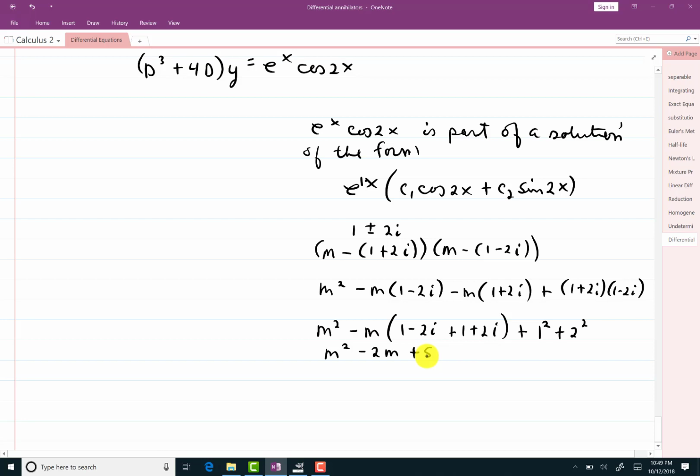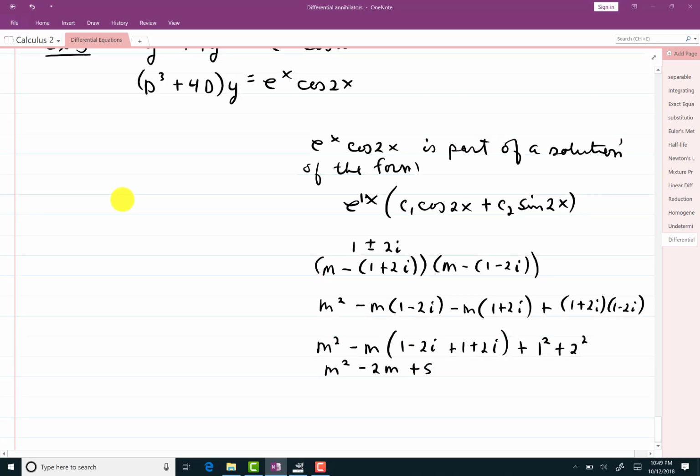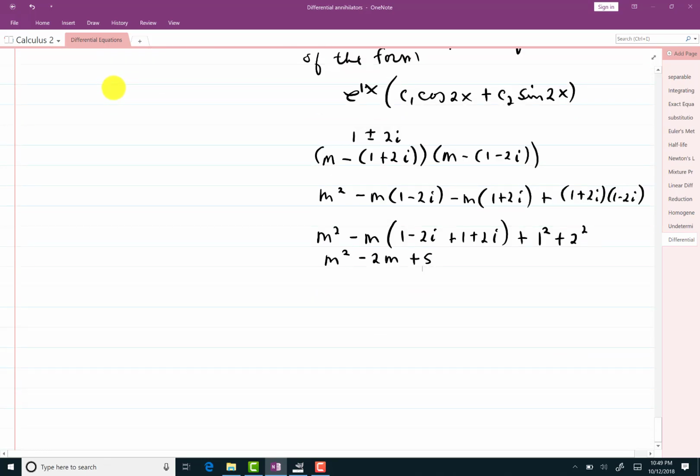So in D notation then, let's go back to the equation I have. I have D cubed plus 4D y equals e to the x cosine of 2x.